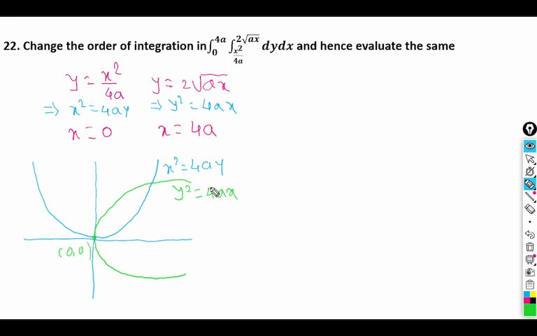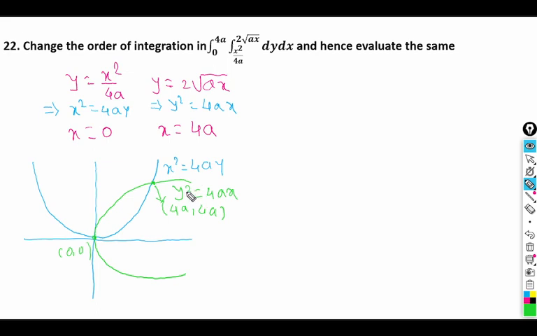If you put x equal to 4a, y square becomes 16a square, and y becomes 4a. So this point is 4a comma 4a. The coordinates are 4a comma 4a that you should check. You can solve this simultaneously if you want.